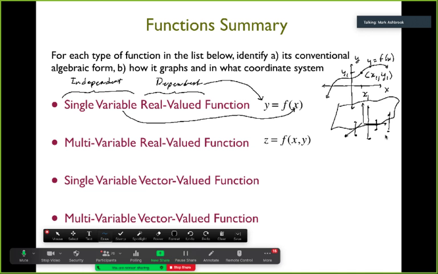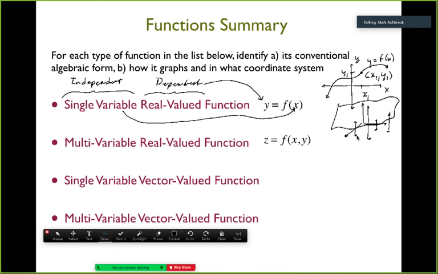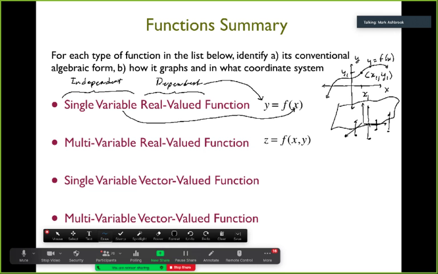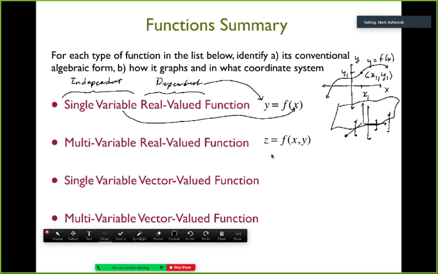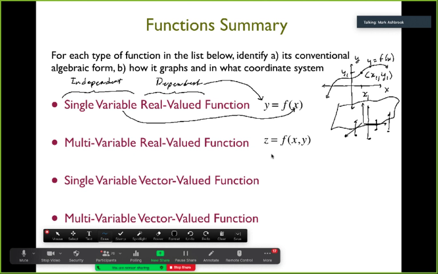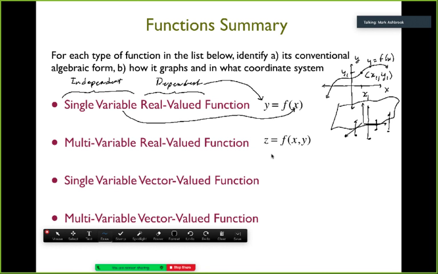So for every xy ordered pair, that would be the whole xy plane, there's a corresponding z value. You put all those points together, they'd form a surface. And that's what we said, right? A single equation of x, y, and z is a surface. That's like our sphere, our plane, paraboloid, cone, cylinders, right?